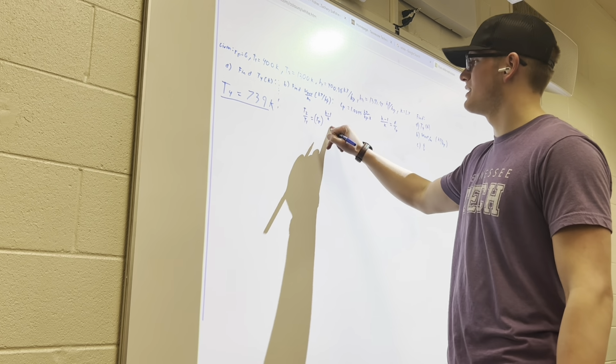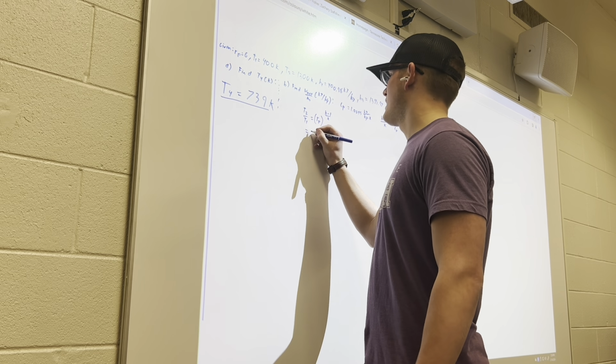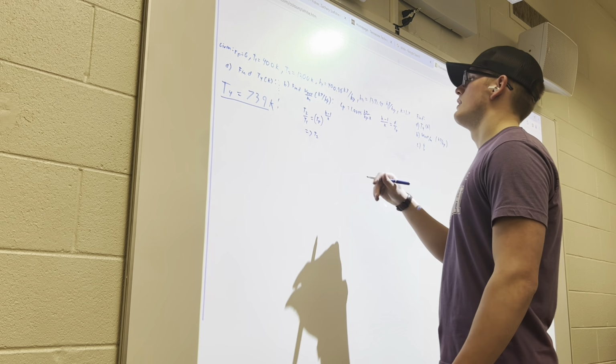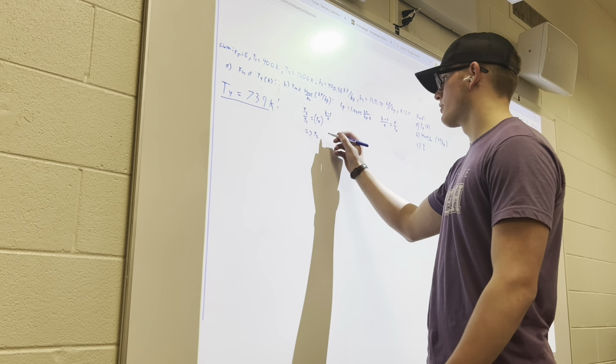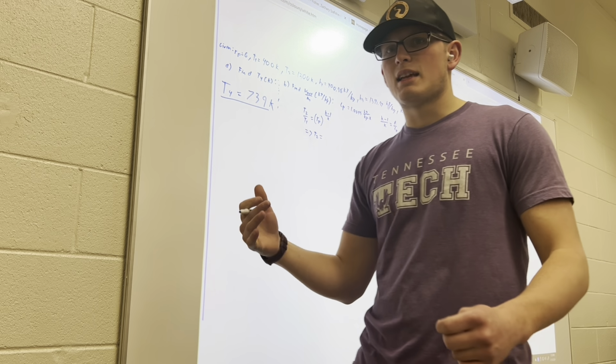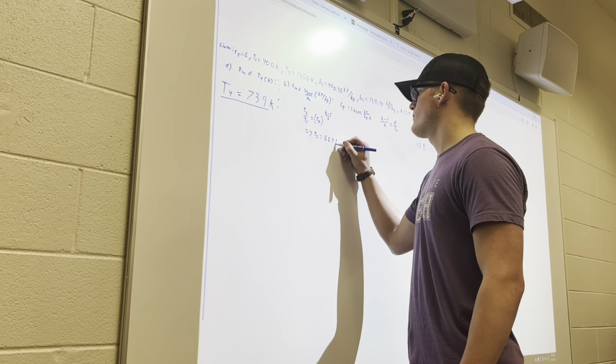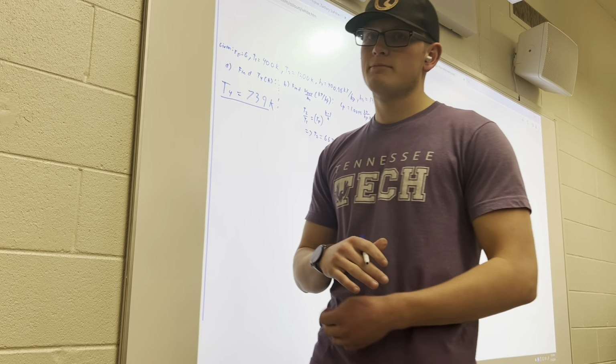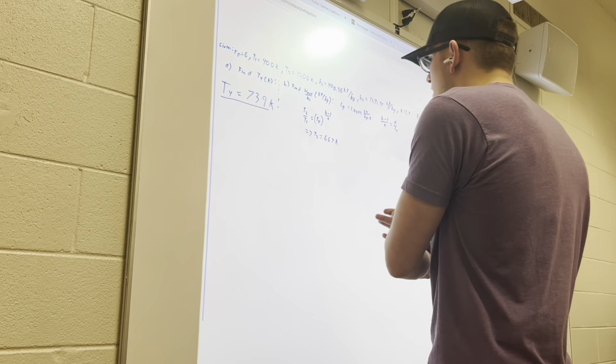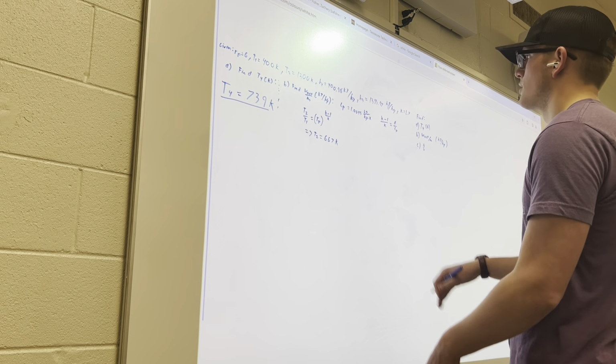We just got to move T1 to this side. And I'm not going to do that. I'm just going to tell you what the answer is. You can do it on your own and see if you get the same answer that I got, which is 667 Kelvin. Okay, so that's what we needed to find before we got started.